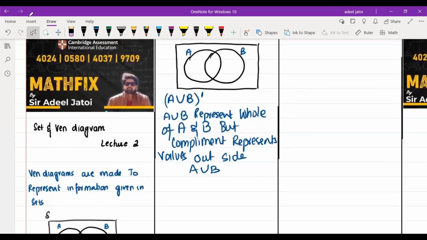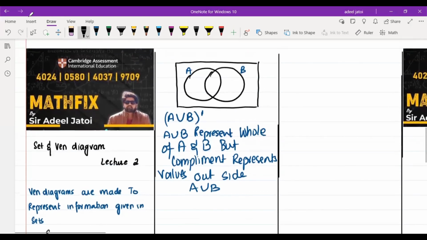So this means that the entire part outside the circle will be represented. That means A union B is this, right? But you need to have the complement. So complement starts from the outside of the circle. So this becomes your A union B complement.